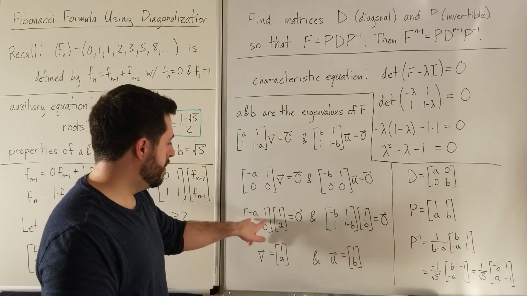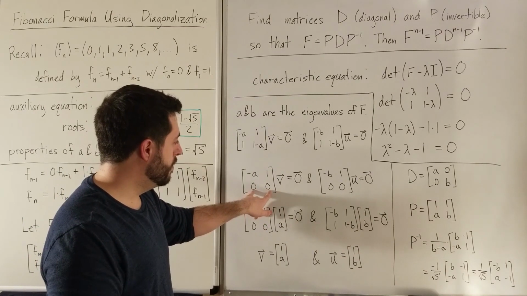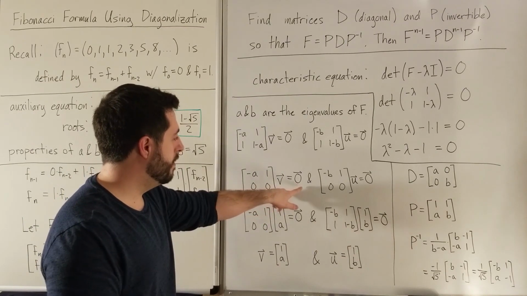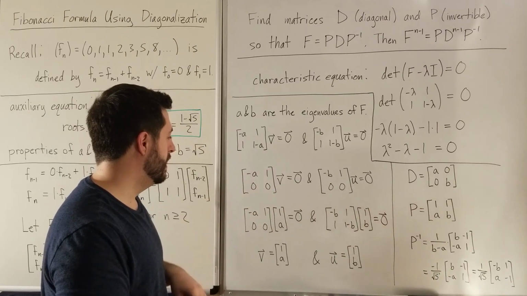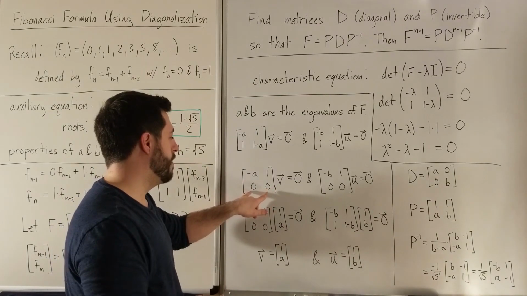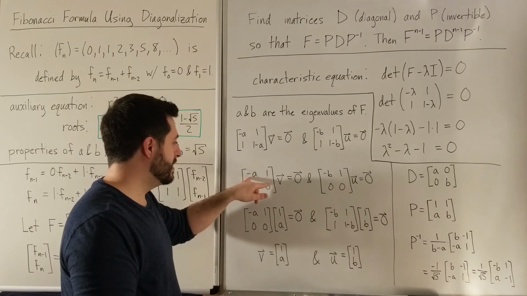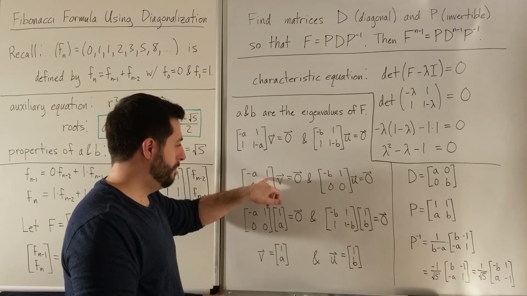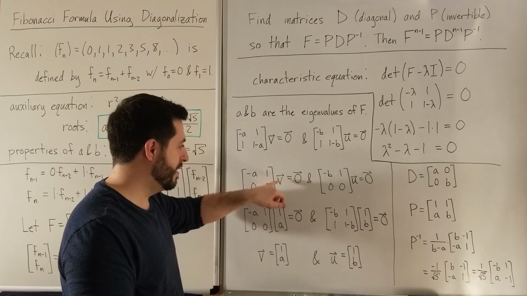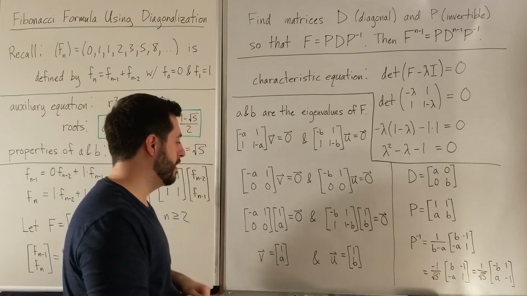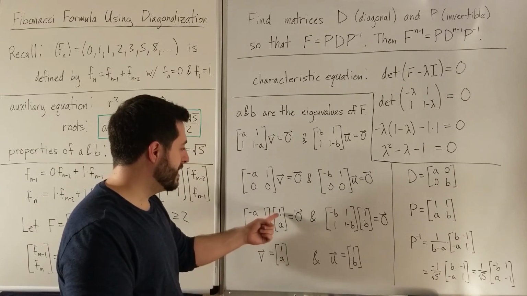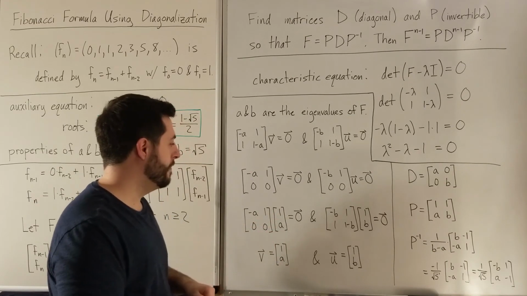Okay, and the bottom coordinate of the result of this will automatically be 0 because I have the 0 row here. So as long as the top coordinate times negative a plus the bottom coordinate times 1 of this vector is equal to 0, then this product will be 0. So I can do that by just setting the top coordinate to 1 and the bottom coordinate to a.